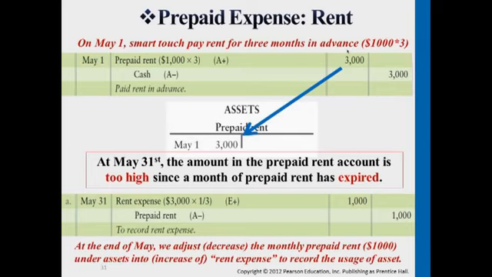Okay, this can also work for supplies. You may be purchasing supplies, $3,000, using up cash. At the end of the month, we go back to reevaluate what's the supplies value that we currently have on hand, turn the portion that disappeared into supplies expense, reduce supplies. Okay, so this same entry concept can be used for different types of prepayments.